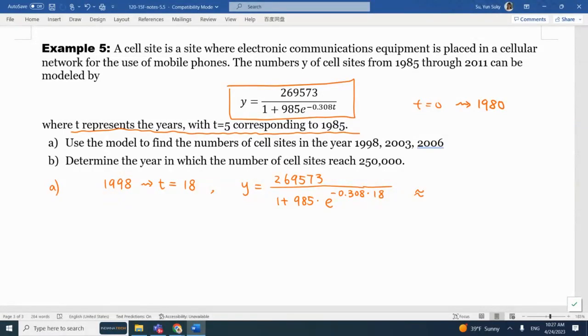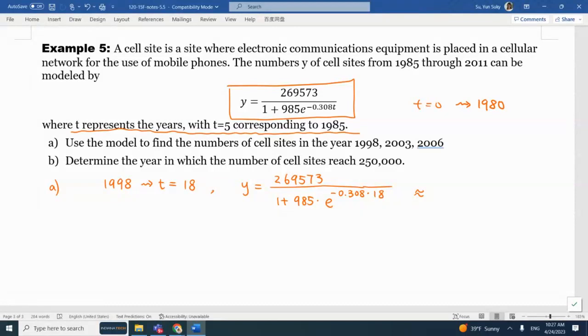I got 69908. Yeah. You got different answers. Oh, the parentheses after that. Because you need the parentheses here. Because now it's just like divided by 1. It's not divided by the whole thing. And you have parentheses here. Super smart calculator, right?